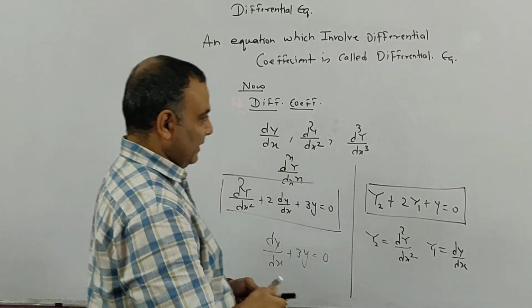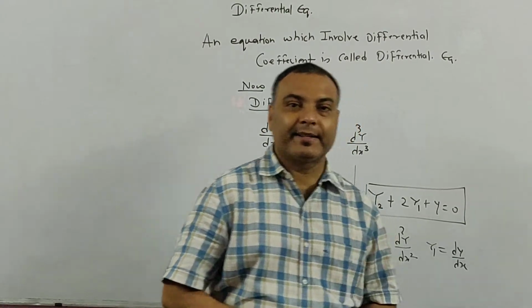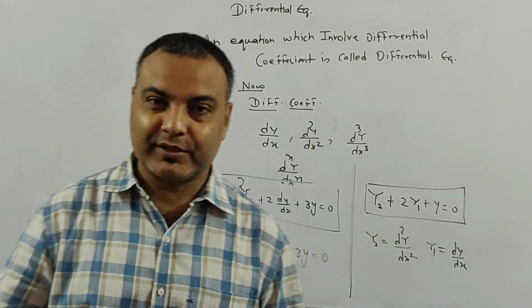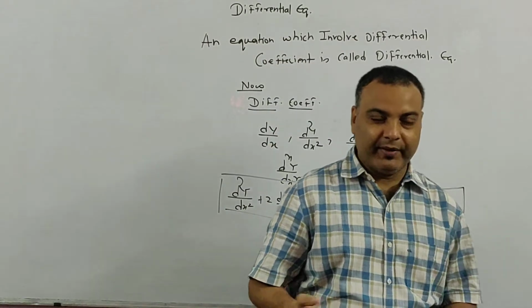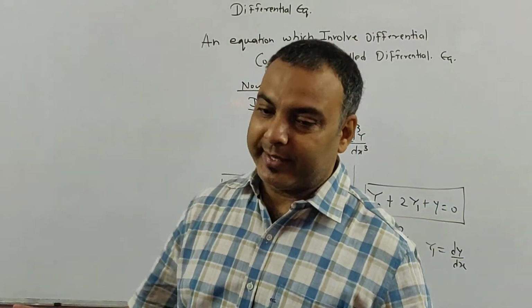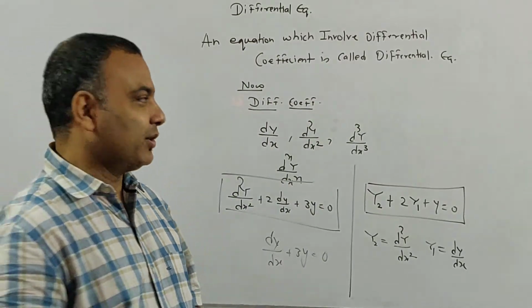Next, sometimes we also have to find its order and degree, from which we get its solution. We'll see how to find the solution and how to form the differential equation, that is, if any equation is given to you, how you can convert it into a differential equation.